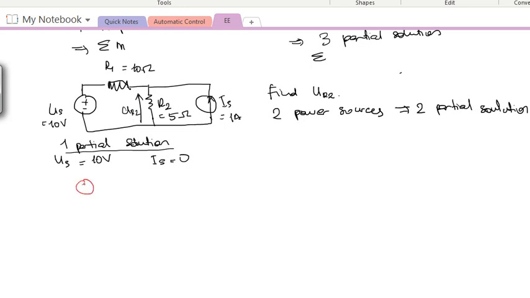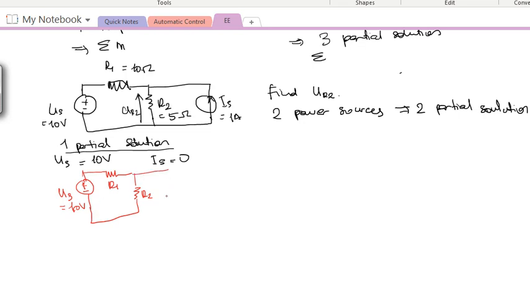We can therefore redraw a new circuit for the first partial solution. So you have US that continues to exist, and you have R2 that is still there.